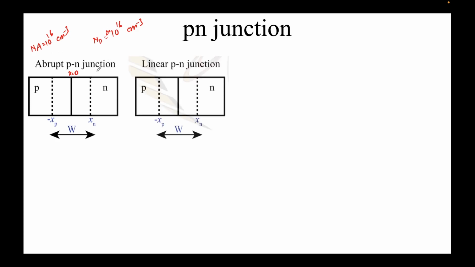Okay. Second flavor we have is the linear p-n junction. This means the doping will change linearly. So if I plot hole concentration, it will not drop drastically, it will gradually change, and at this point it will reach Ni.